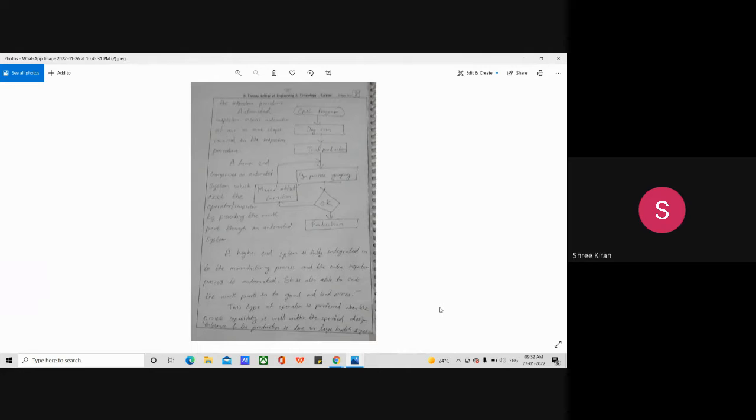Okay, then Amit, can you just tell me the full form of FMS? What do you mean by FMS? We were telling repeatedly in the case of automatic inspection, FMS. I myself have told it in the class now. Amit, are you available there? Could you just tell me the full form of FMS?